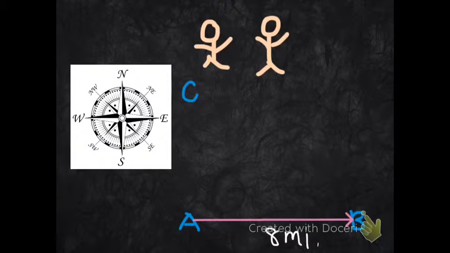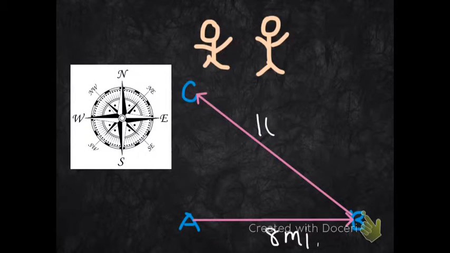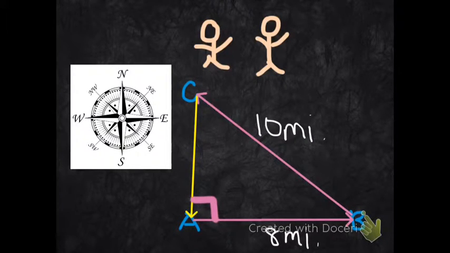Then they travel from B to C northwest for about 10 miles. They want to know the distance from C to A going south to solve the round trip, which just forms a right triangle. What steps will you take to find the distance from C to A? Pause this video until you are ready to see your explanation.